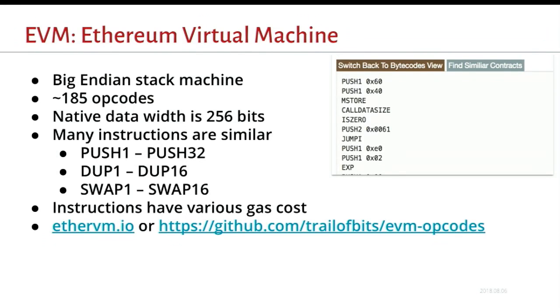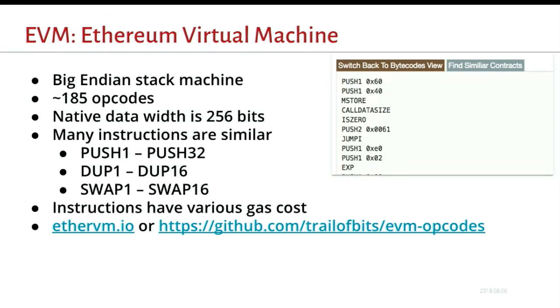So for a little bit about the Ethereum virtual machine that the contracts run, it's a big endian stack machine. It's got about 185 opcodes currently. There's more added incrementally over the course of time. The native bit width is 256 bits, and most of the address spaces are also that same width. One interesting part is that about a quarter of the possible opcode address space, that's 1 byte, is used up by very similar instructions.